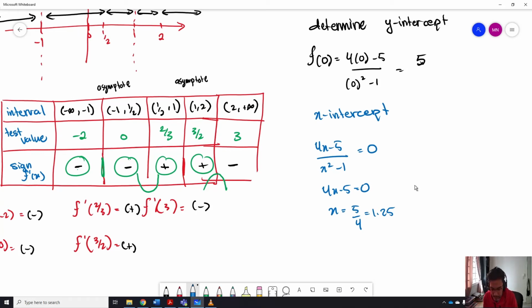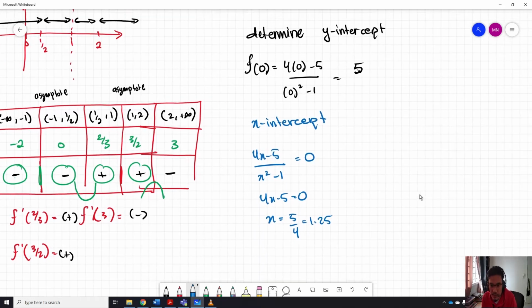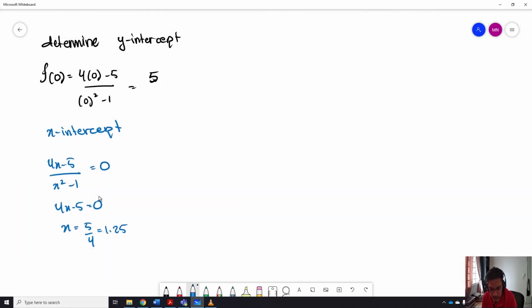So this is our x-intercept. Okay, then we have to determine the horizontal asymptote. In order to determine the horizontal asymptote, we need to apply the concept of limit, where x is approaching positive and negative infinity for the function f(x).